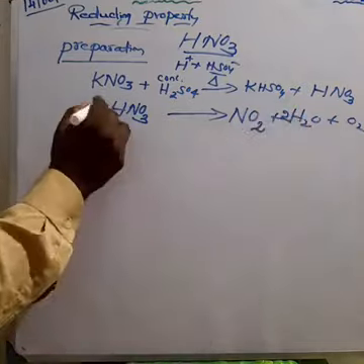The reason is the presence of some nitrogen dioxide, which is obtained by the decomposition of nitric acid. Actually, pure nitric acid is colorless. But due to the decomposition, it becomes a light brown color. Okay.